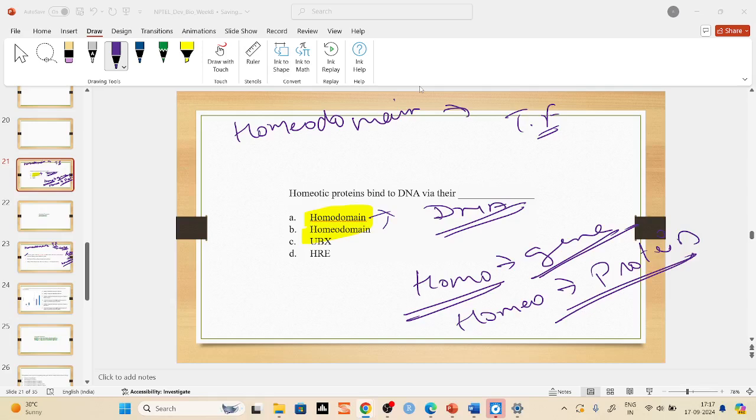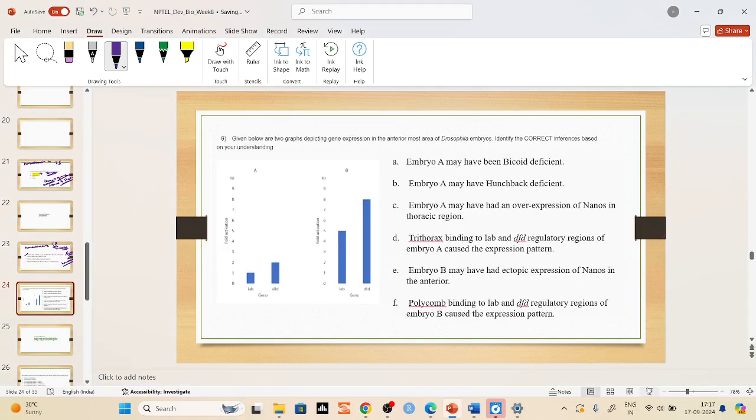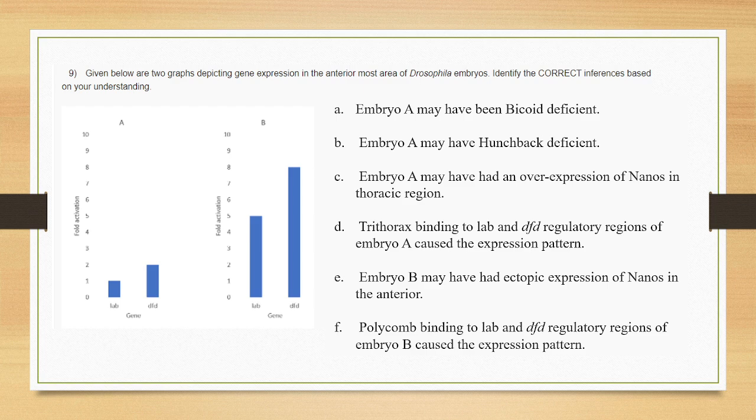Okay, fine. Now, next question is, given below are the two graphs depicting gene expression in the anterior most area of Drosophila embryo. Identify the correct inferences based on your understanding. First is, embryo A may have been bicoid deficient. B, embryo A may have been hunchback deficient.